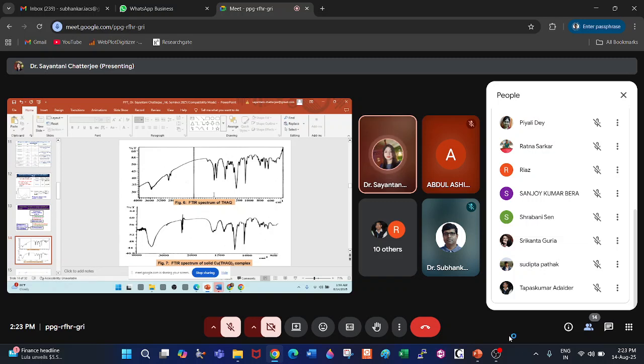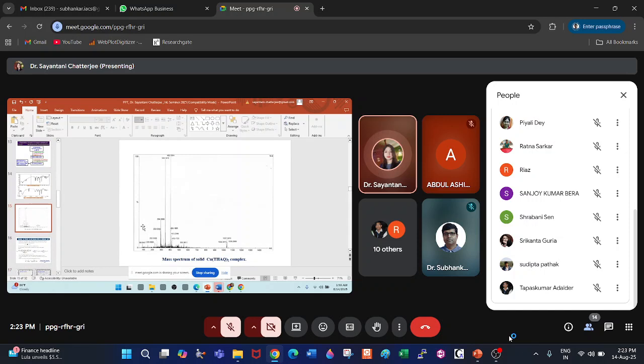In IR, one sharp peak was obtained for phenolic OH at 3379 cm⁻¹. But in the case of the metal complex, the peak is broadened, which indicates that the OH group on THAQ was involved in the binding with copper.